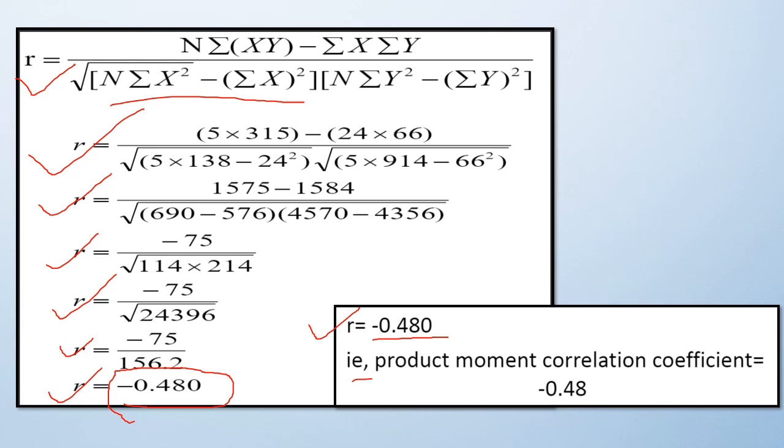That is the correlation coefficient, 0.48, a low degree of correlation. We see in the table that if the value is between minus 0.5 to 0.25, it is a low degree of correlation.